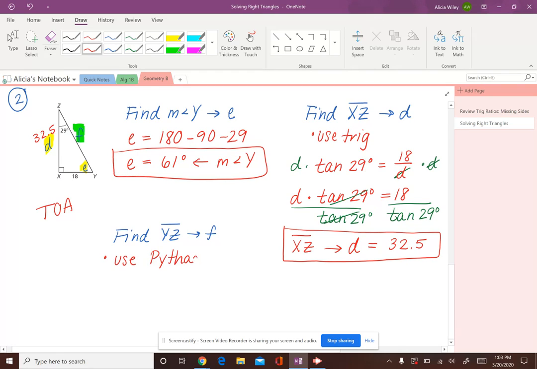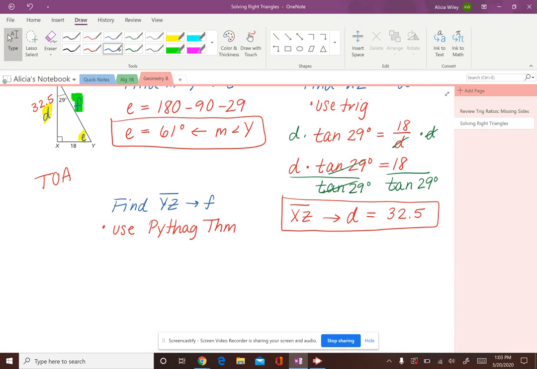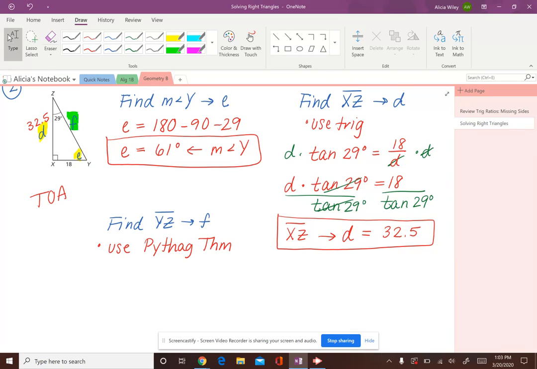And the reason we can use Pythagorean theorem is because we know two sides of a right triangle and we just need to find the third side. So setting this up, again, F is a hypotenuse, so the other two are legs. So it's going to be 18 squared plus that side length you found, 32.5 squared equals F squared.